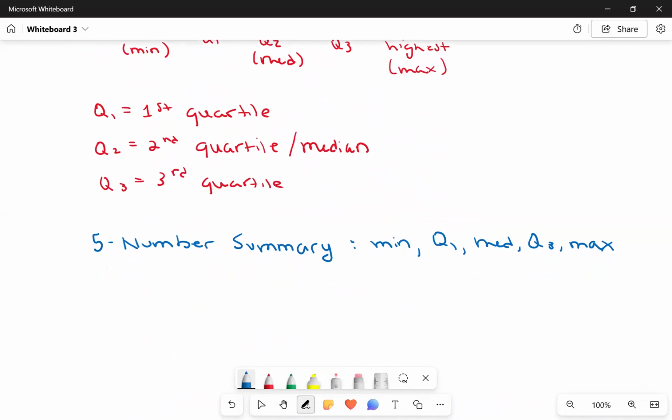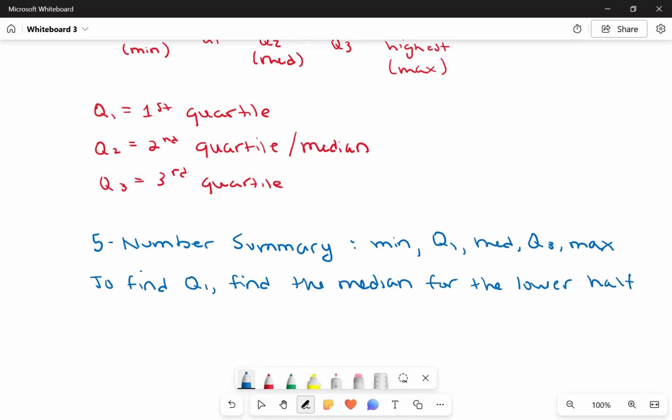Okay, now to find Q1, the first quartile, you find the median of the lower half of the data. Now, there's supposed to be an "of."